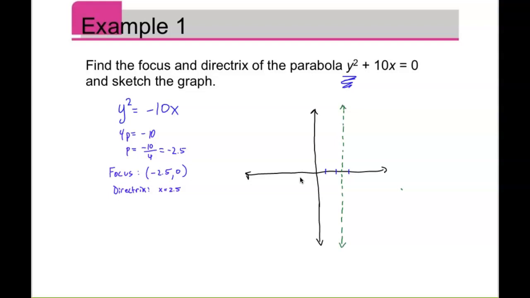We have a focus at the coordinate 0, 2.5, or I'm sorry, negative 2.5, 0. And then the parabola itself. The vertex is going to be halfway between those, so in our case, right at the origin, right? And it opens away from the directrix and around the focus.